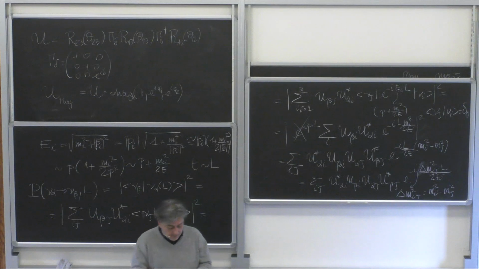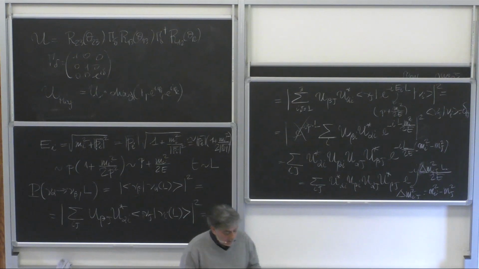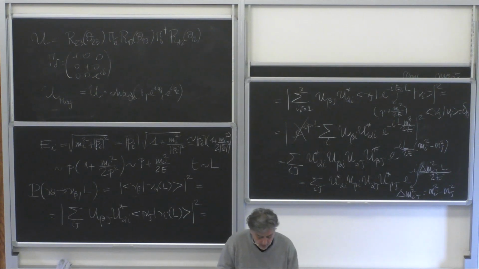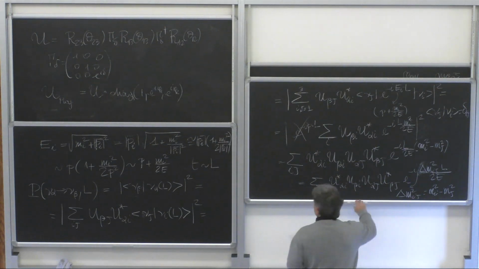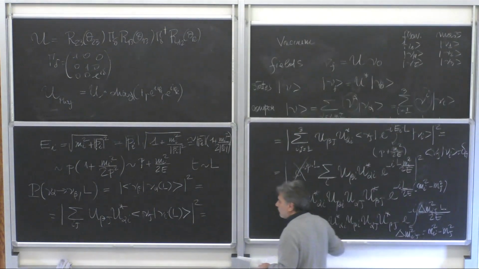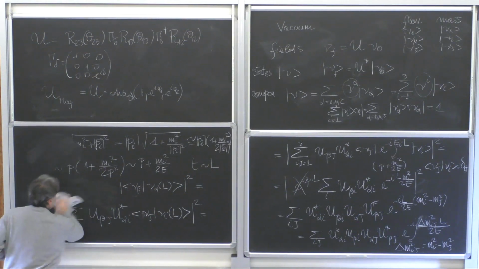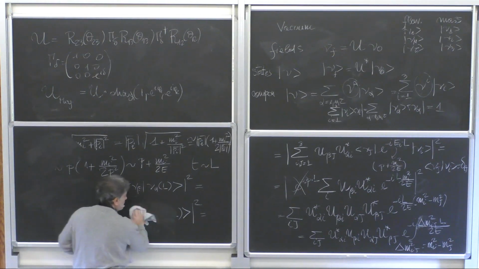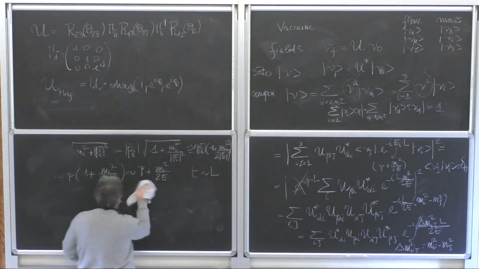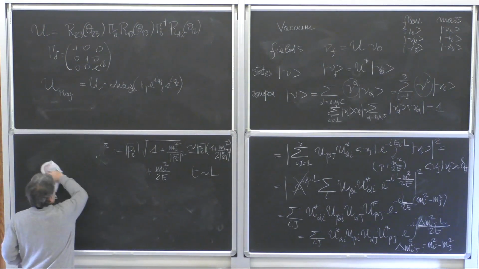Okay, maybe the best way to proceed to have some feeling of what this formula implies is to consider 2 flavor neutrino oscillation. So imagine that you have only 2 flavors.